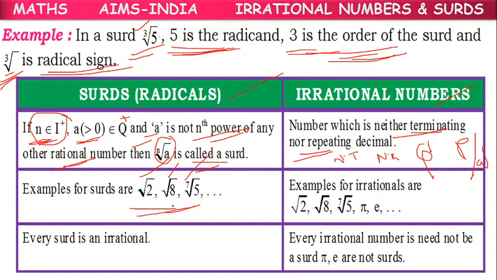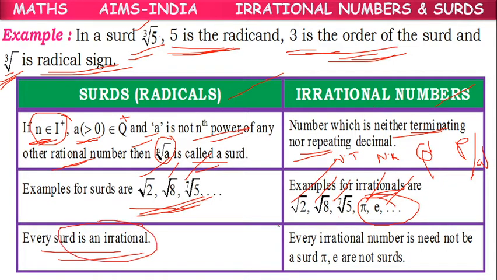These are all surds. Examples of irrationals: root 2 is irrational, root 8 is irrational, the 7th root of 5 is irrational. But along with that, we have some more irrational numbers like pi and e. But in surds, we don't have pi and e. So all surds are irrational numbers.